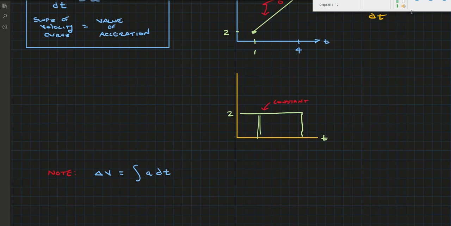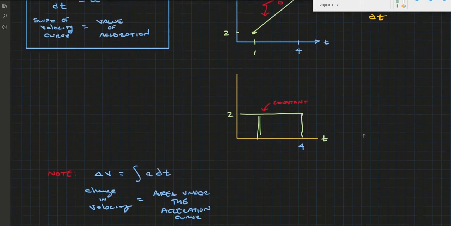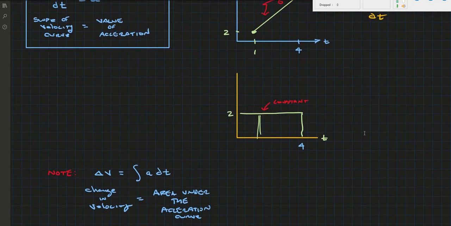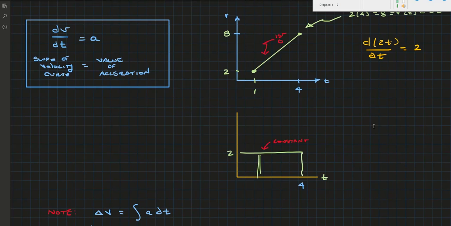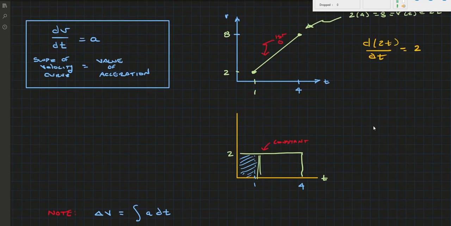So note the change in velocity. Say I look at my acceleration curve at a point of 1, we see here that the area is 2 times 1, or 2. So the change in velocity between the initial point and 1 is 2.